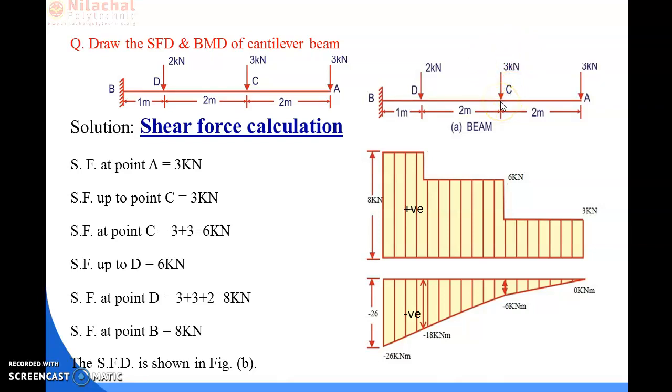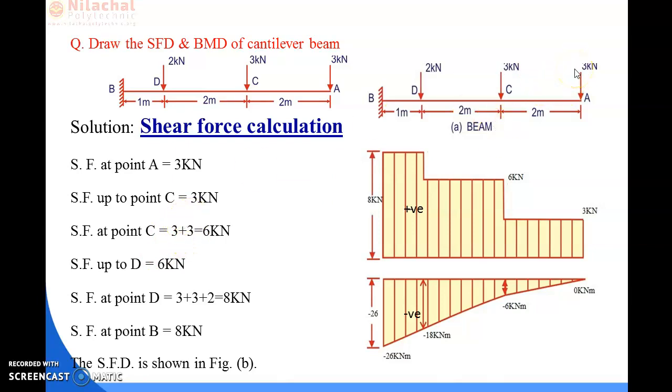So we need to add the shear force up to point C with the loading at point C. We got the shear force up to point C as 3 kilonewton, and the load at point C is 3 kilonewton. So as a whole, we need to add these two forces over here.